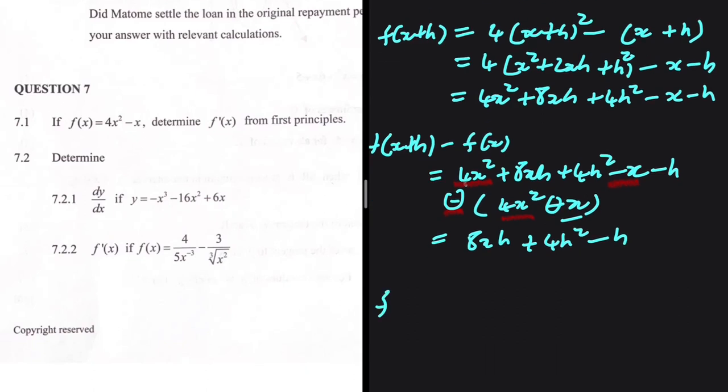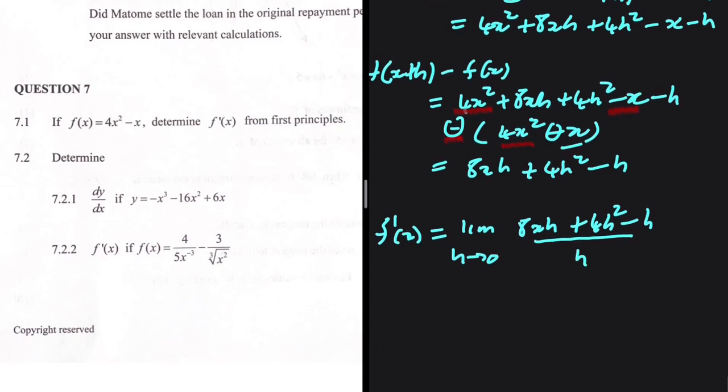So we're going to have f prime of x being equal to the limit as h tends to 0 of 8xh plus 4h squared minus h, divided by h. We can take h as a common factor on the numerator.